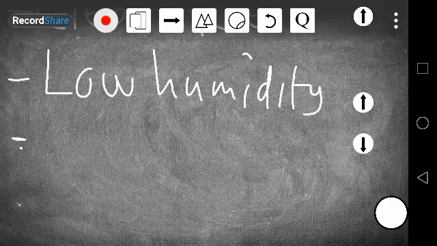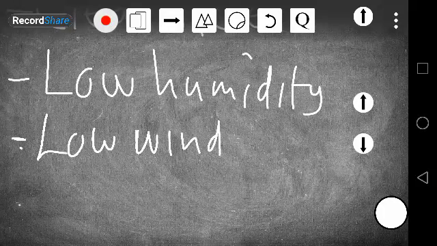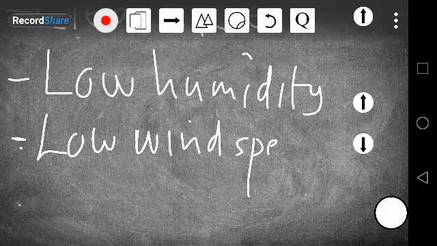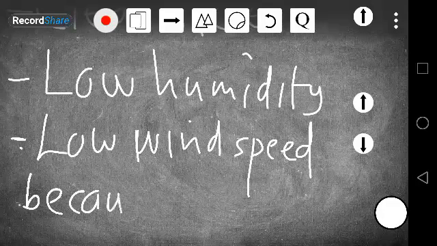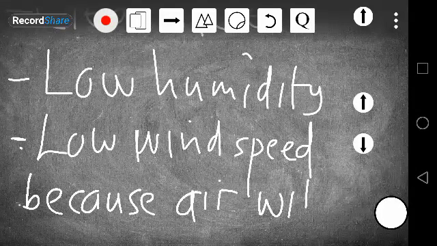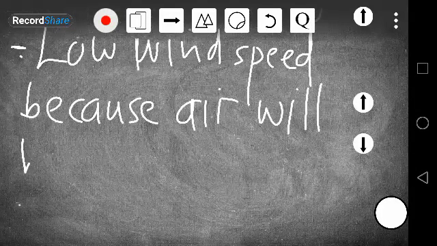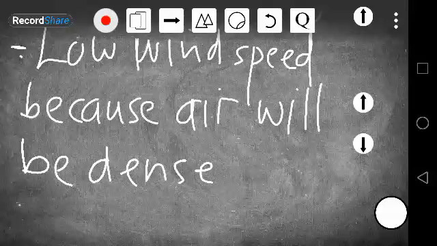The other thing is there is low wind speed, because air will be dense, okay?